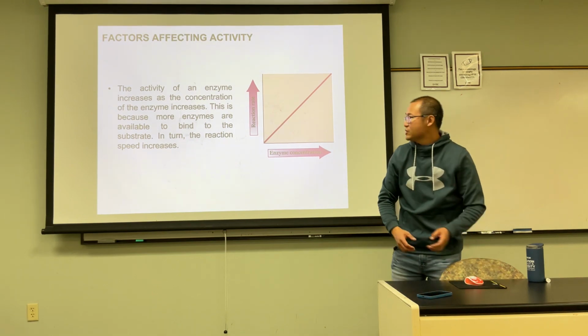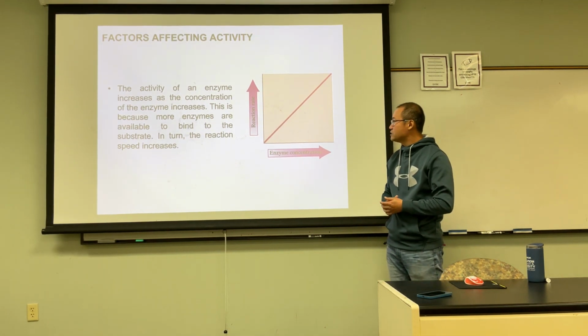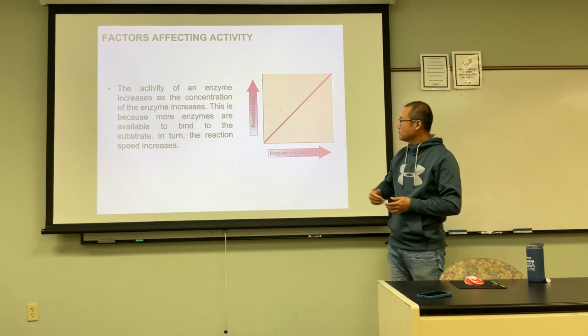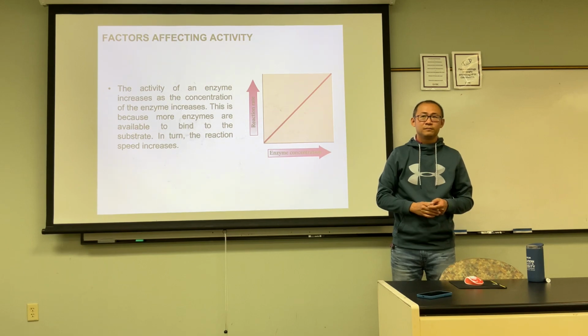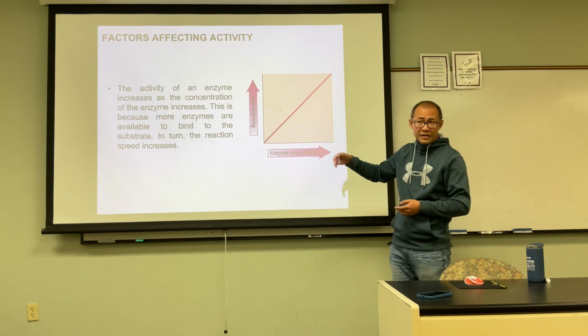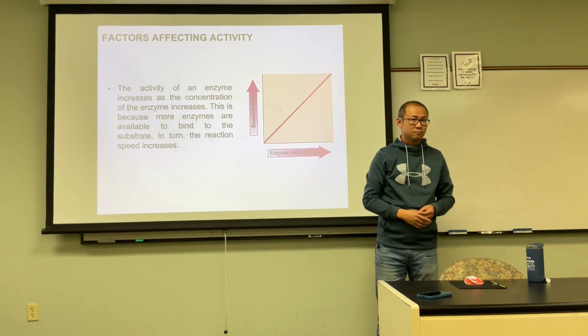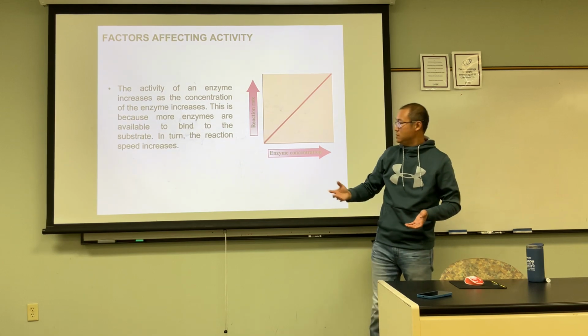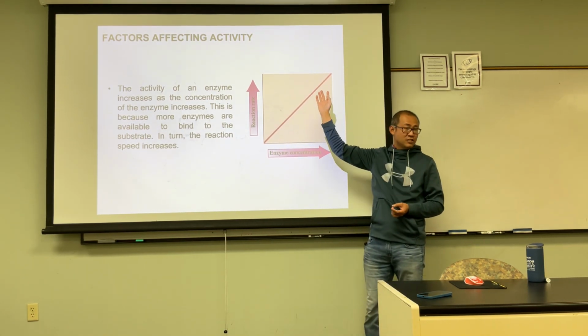Okay, the last factor is enzyme concentration. And this chart is very unique because it's a straight line. Straight line means when you increase enzyme concentration, the activity is going to increase as much as you want.